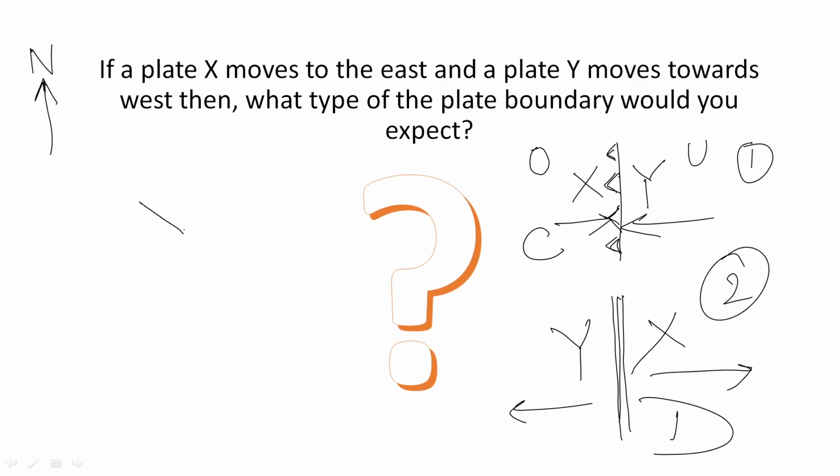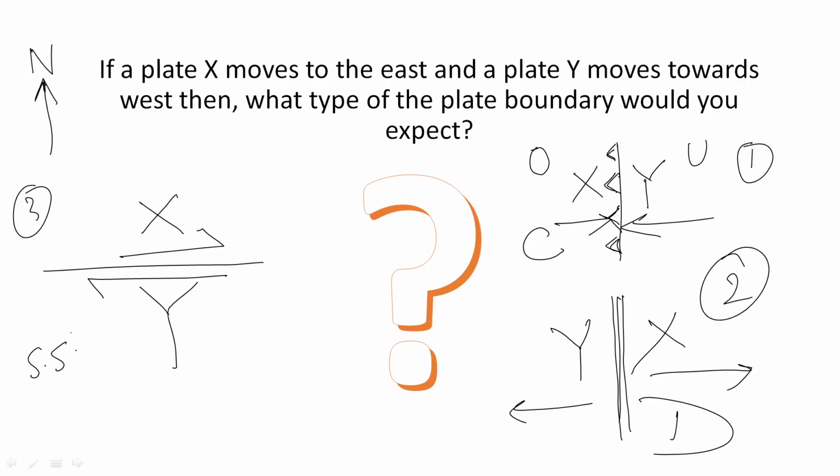Again, if I place X and Y in such a manner like this, where X is placed in the northern half with respect to Y and Y is present on the southern half, then also I can think of the movement of X in east and movement of Y in west. So, this third scenario will give you a strike slip dominated plate boundary.